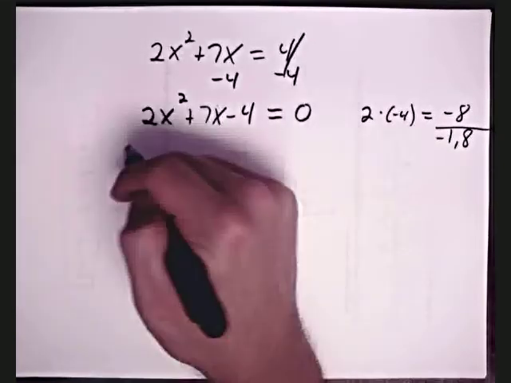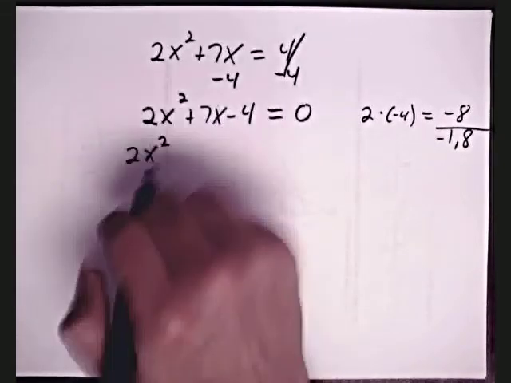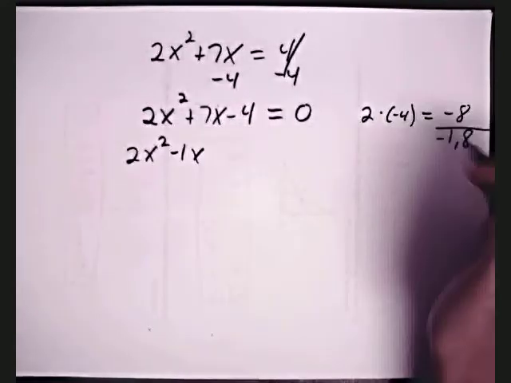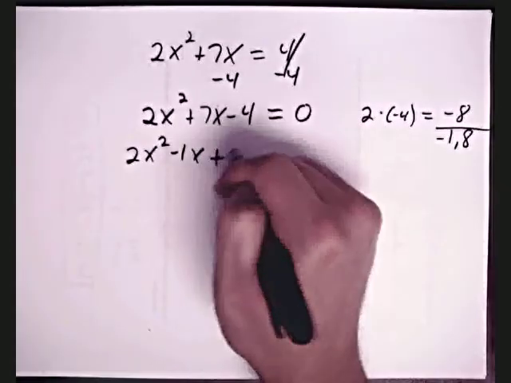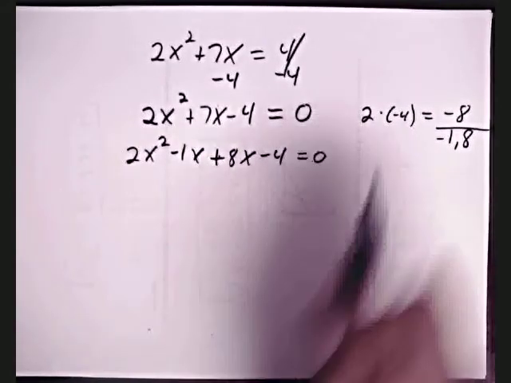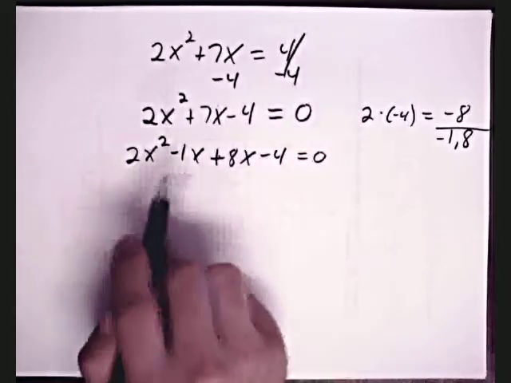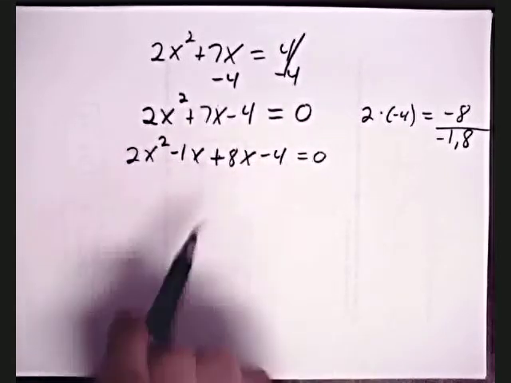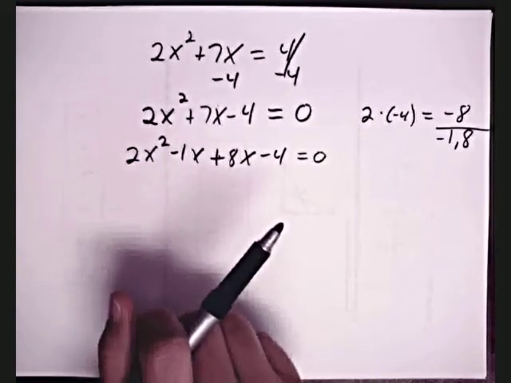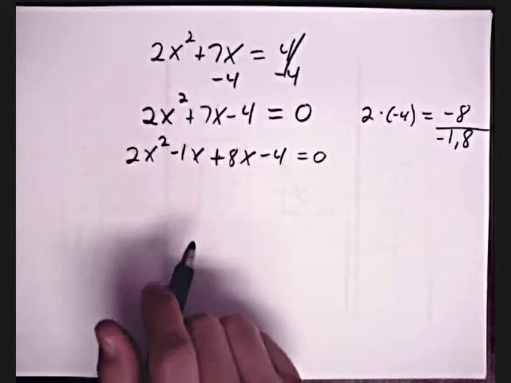So let's rewrite 2x squared. Instead of 7x, we're going to use minus 1x, and positive 8x, so plus 8x minus 4 equals 0. And again, the order is not important, so if you switch negative 1x and 8x around, that's fine. Your factoring by grouping will look a little different, but you'll still get to the same answer if you do everything correctly.